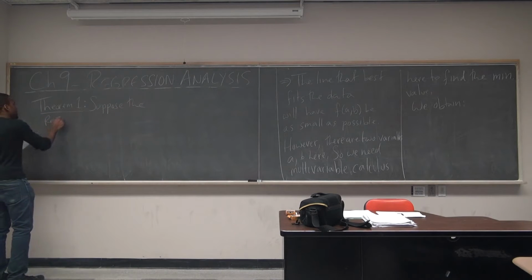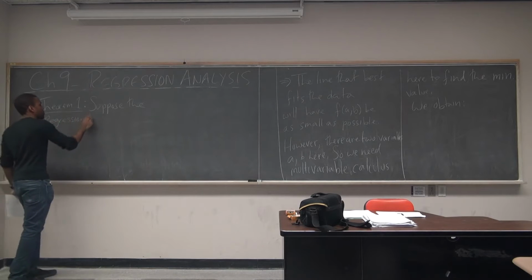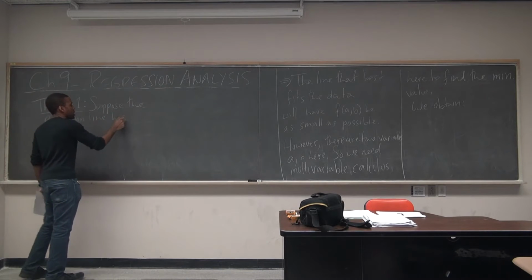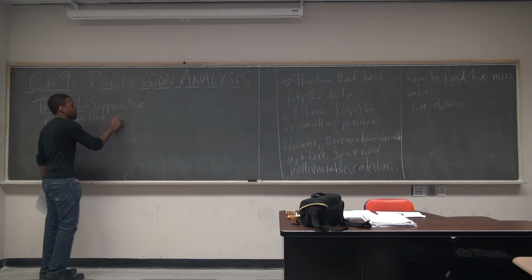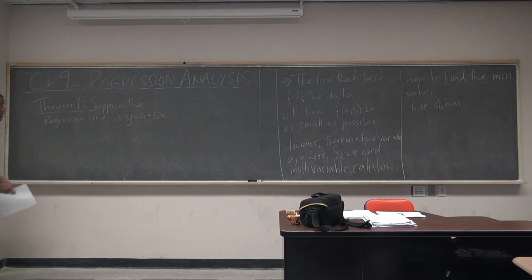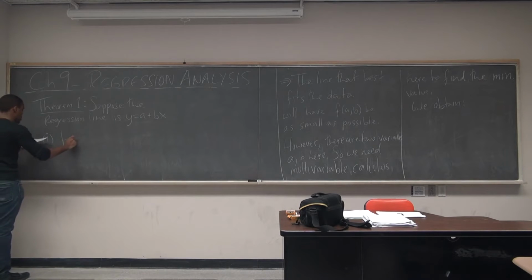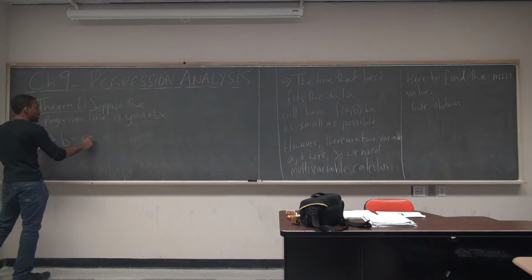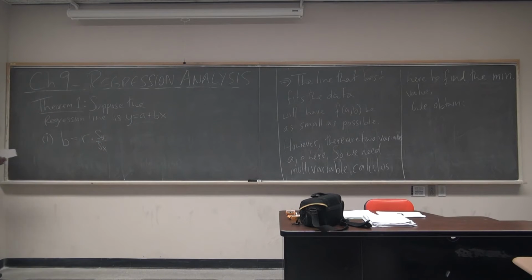Suppose the regression line has this equation, y equals a plus bx. Then there are a bunch of things that we can actually know about these values. For example, one, my b will be equal to r times standard deviation of y over standard deviation of x, right?